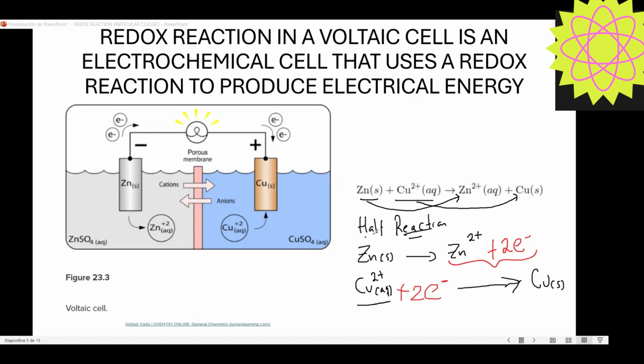Okay, and what is the name for this process? This is half reaction, right? Okay, so I will give you a clue, right?